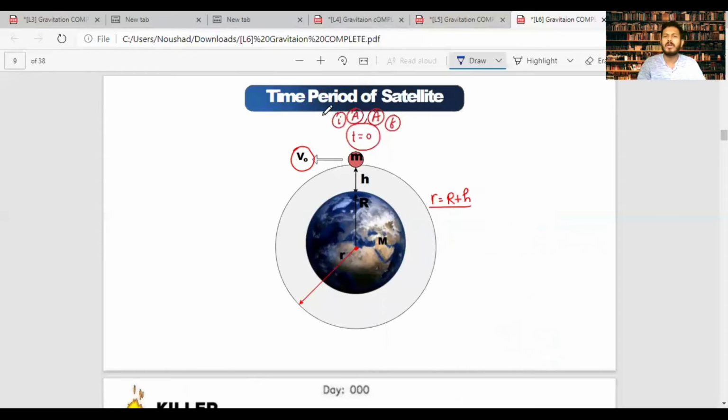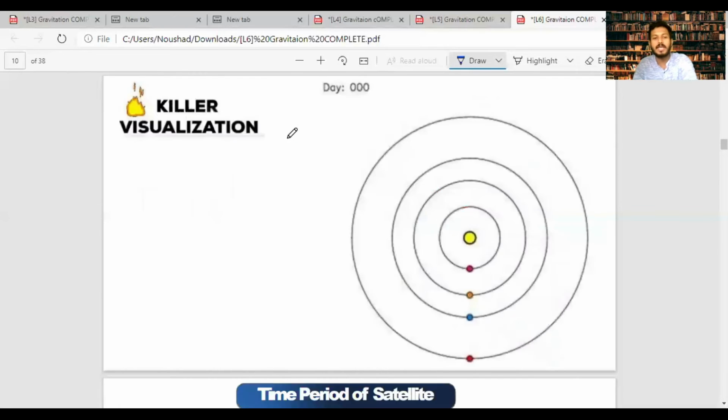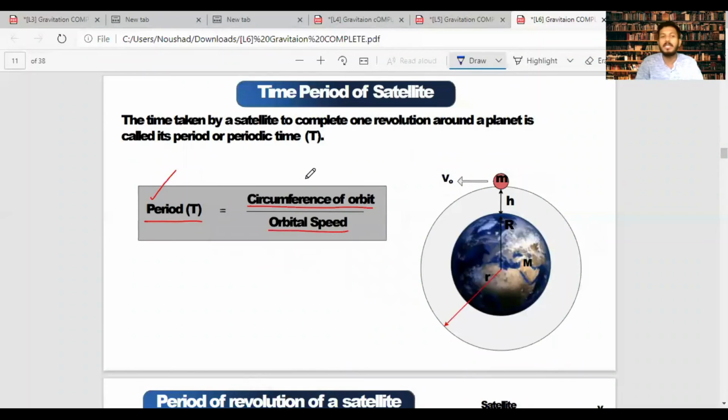Then what is the time period of a satellite? Time period means the time taken by the satellite for completing one revolution. How can we calculate that? Circumference of the orbit divided by velocity. We know that velocity equals displacement by time, but we want to calculate time, so time is displacement by velocity.